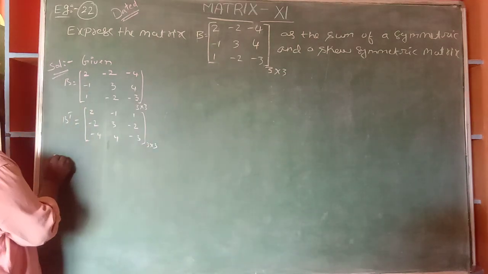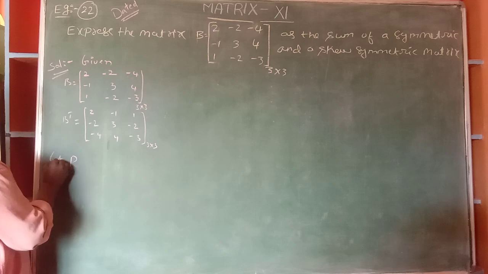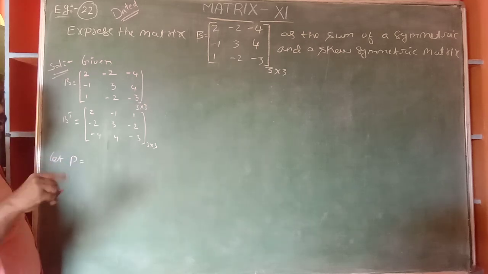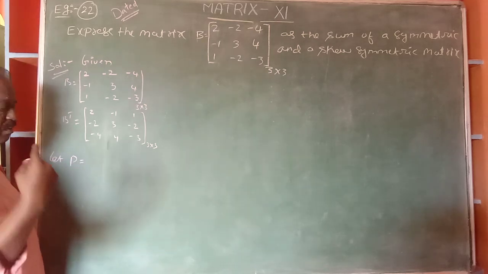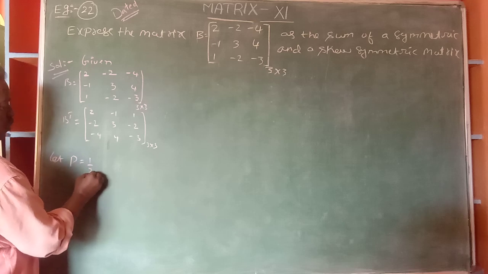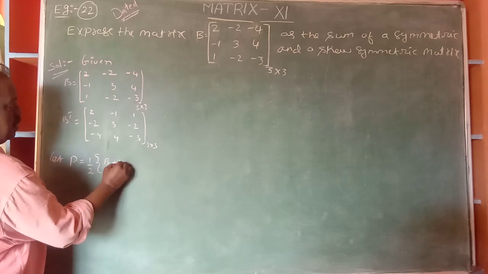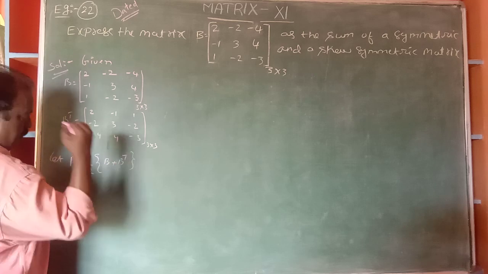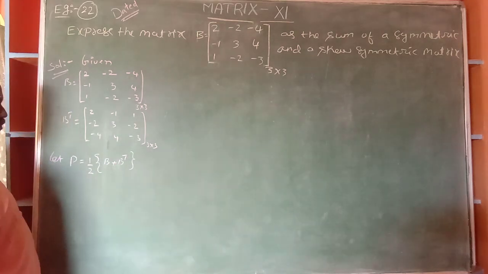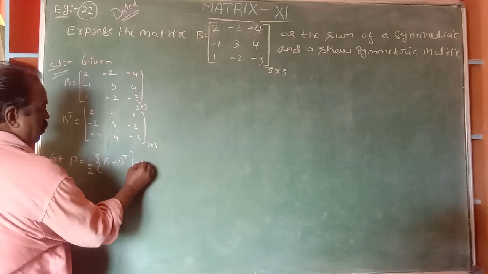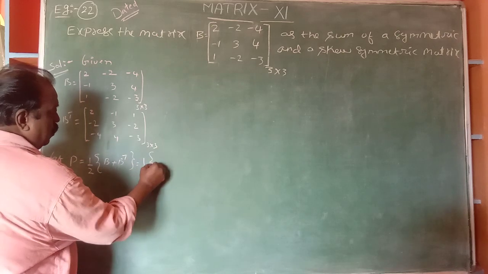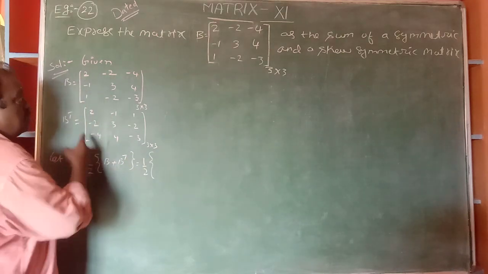Now let capital P be equal to, we are considering, P is equal to 1 by 2 into (B plus B transpose). That is equal to 1 by 2 into, what is B?